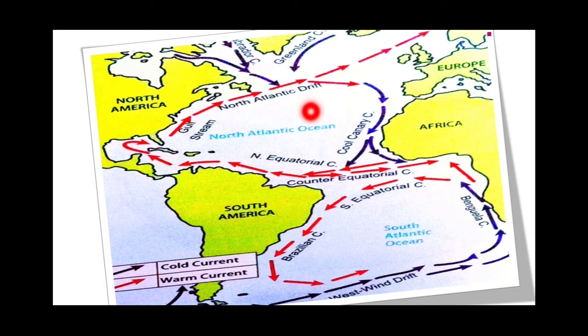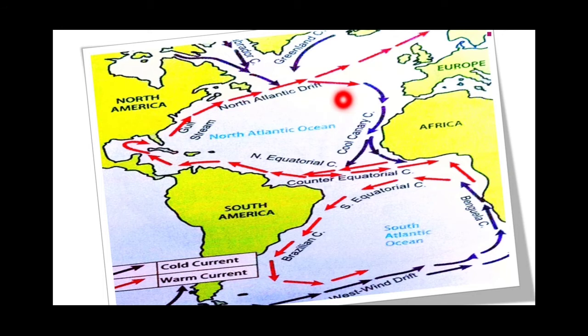Here its speed gradually decreases and it gradually widens. It occupies a larger area. It is a prominent slow moving current. After reaching Western Europe, it splits into three different parts.